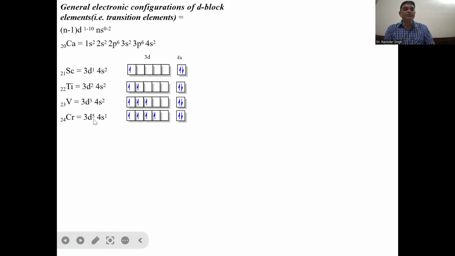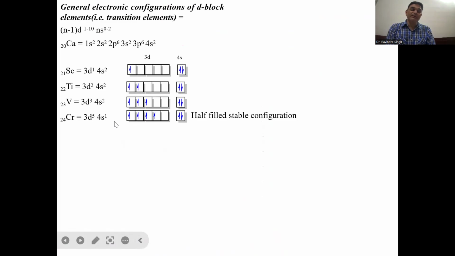First of all, for element 24 the configuration would be 3d4 4s2, but you can see here, if one of the 4s electrons jumps into the 3d, the 3d becomes the half-filled stable configuration.